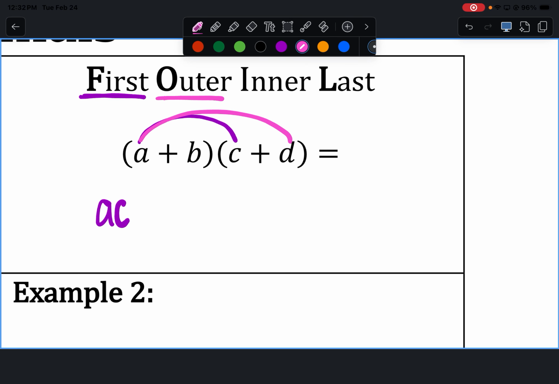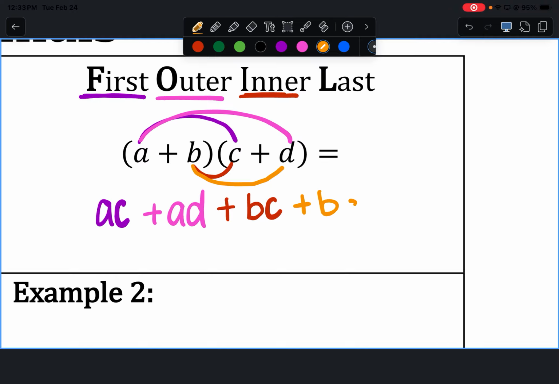So A and D. A times D is AD. Then you're going to do the innermost 2 terms, so B and C. And then you are going to do the last of both terms, which is B and D.